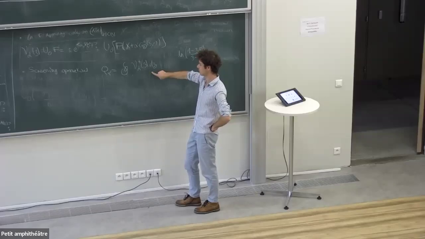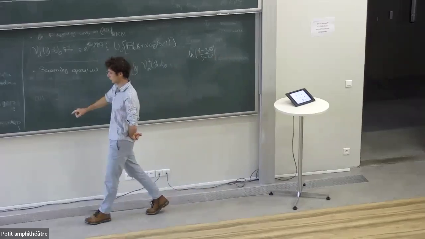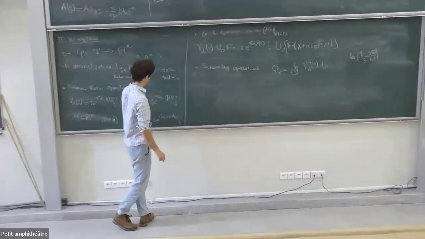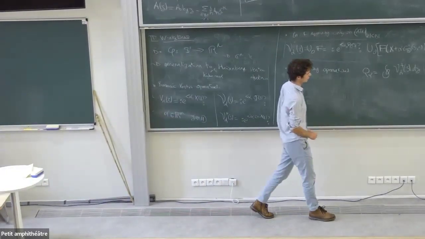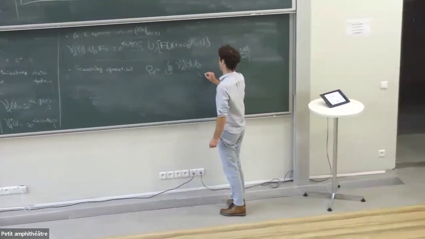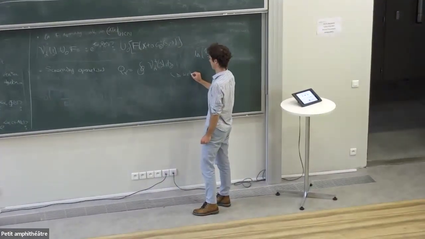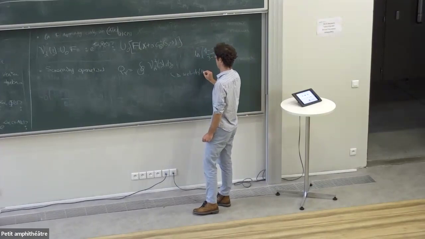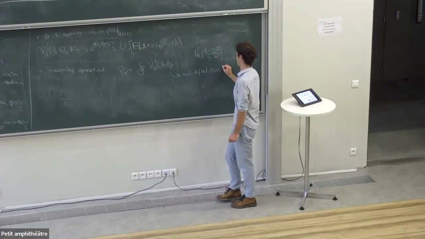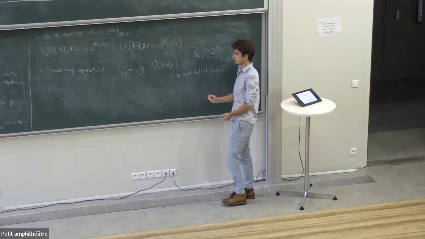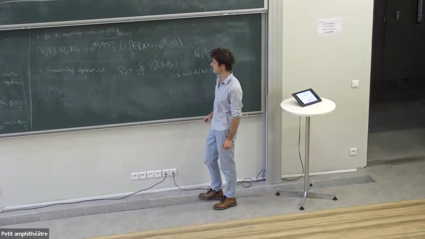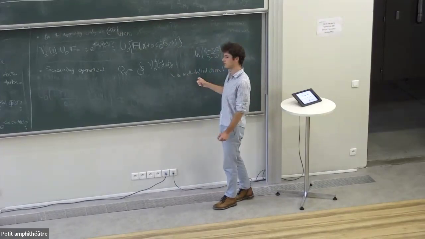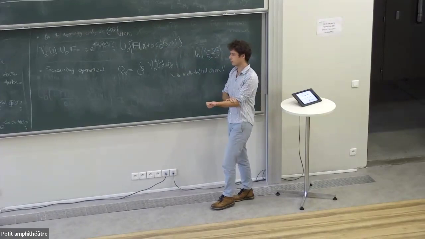Then you can define screening operators from these bosonic vertex operators. It's not too complicated to show that this is well defined when you act on V, sending V to another Heisenberg module.